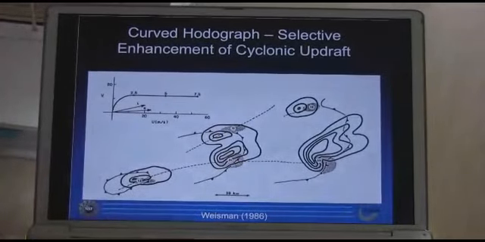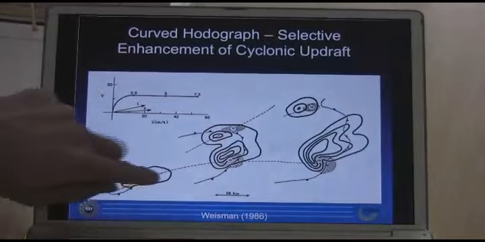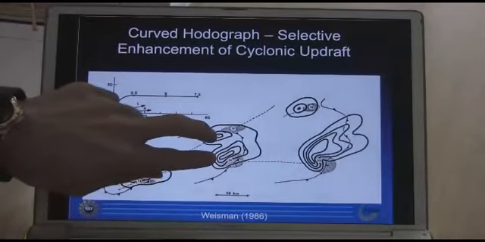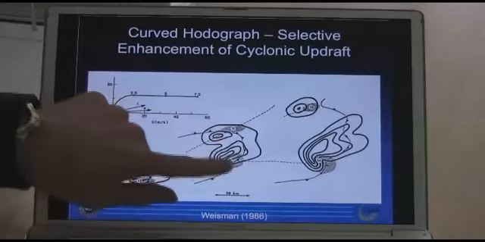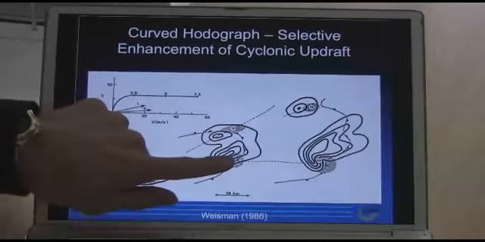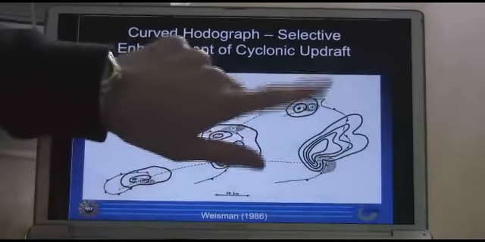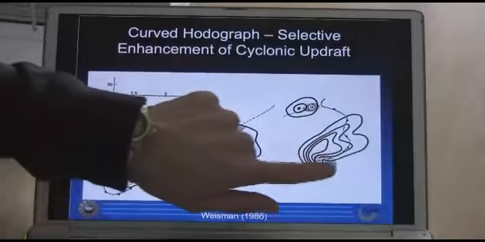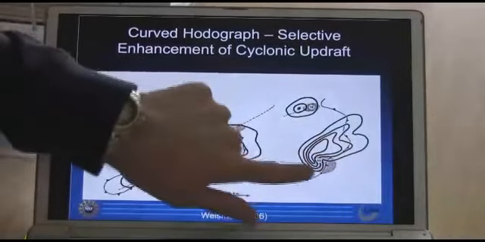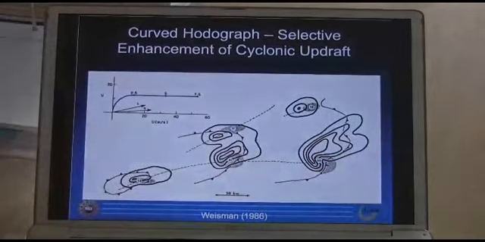Well, what happens because of that is you get the split. Notice two things. There's asymmetry, right? The updraft of the right moving member is stronger than the left, and eventually the left dies out, and the right moving member produces a very strong updraft and a very pronounced hook, a cyclonically rotating mesocyclone, and it becomes the dominant storm.